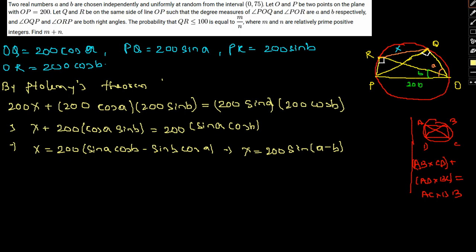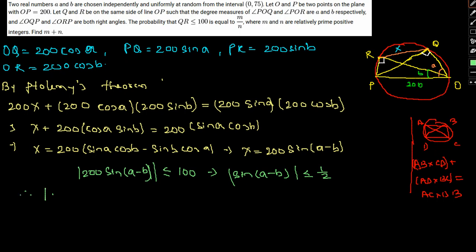So this term we can write as the absolute value of 200 sin(A minus B) should be less than or equal to 100, which can be written as the absolute value of sin(A minus B) should be less than or equal to 1 by 2. Sin 30 is half, so A minus B should be less than or equal to 30 degrees, which can be written as minus 30 less than or equal to A minus B less than or equal to 30.